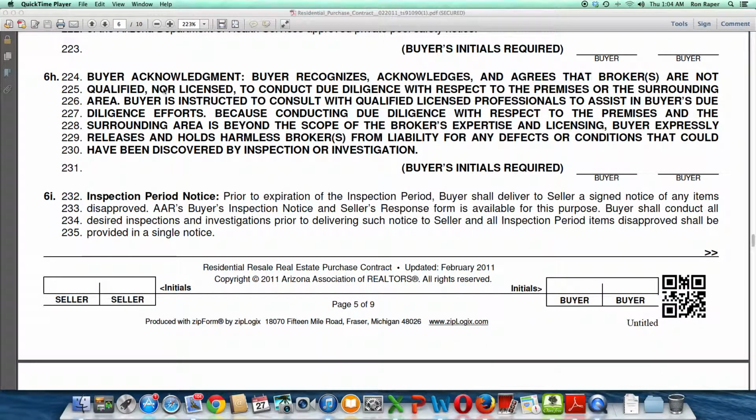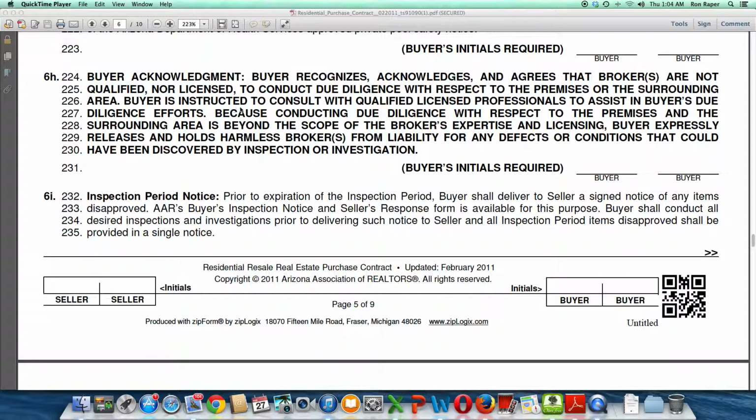6H, buyer acknowledgement. Buyer recognizes, acknowledges, and agrees that brokers are not qualified nor licensed to conduct due diligence with respect to the premises or the surrounding area.